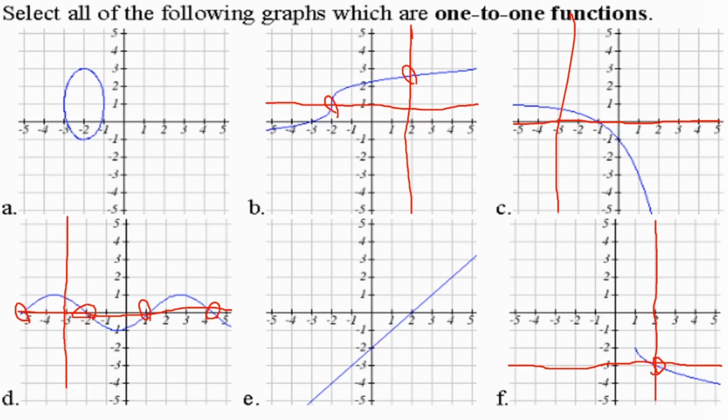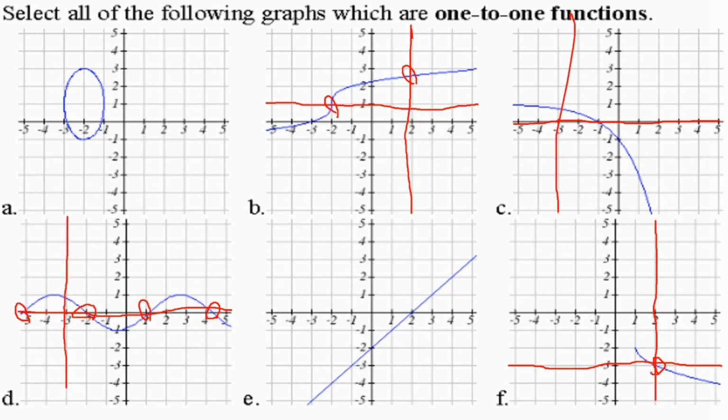The vertical line test and the horizontal line test are very important to know, because you use this when you have a problem, like in a worksheet or in a test. You might need to use it. The problem might not say, is this graph a one-to-one function?